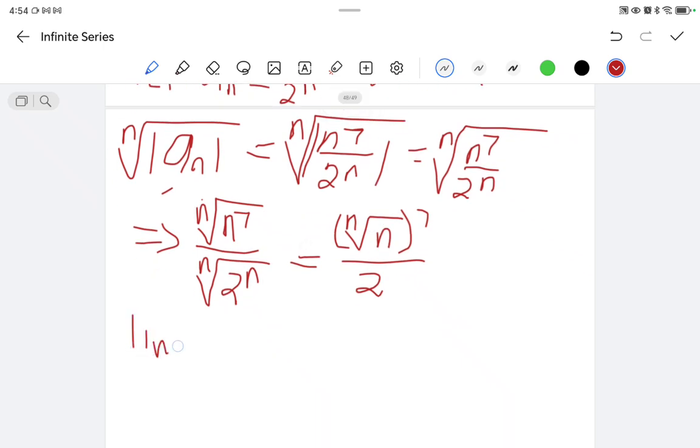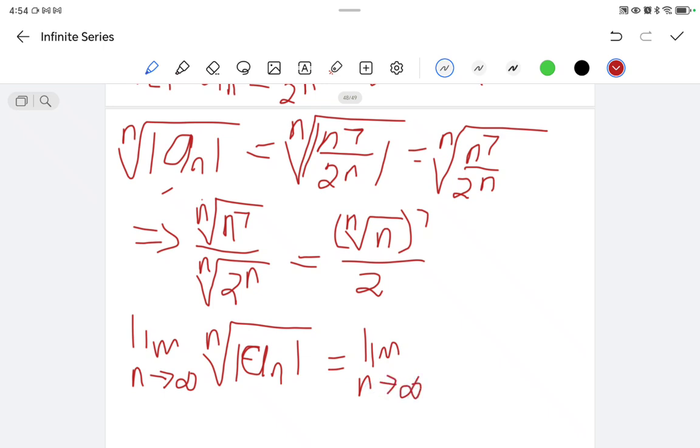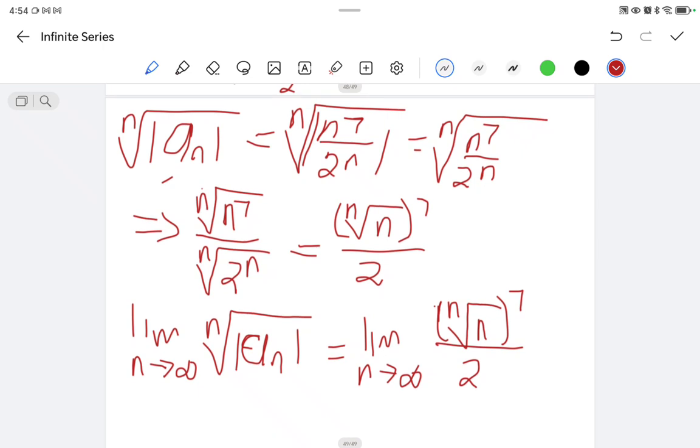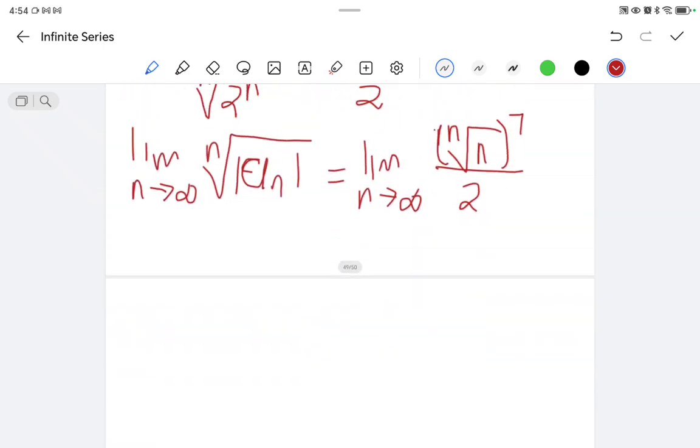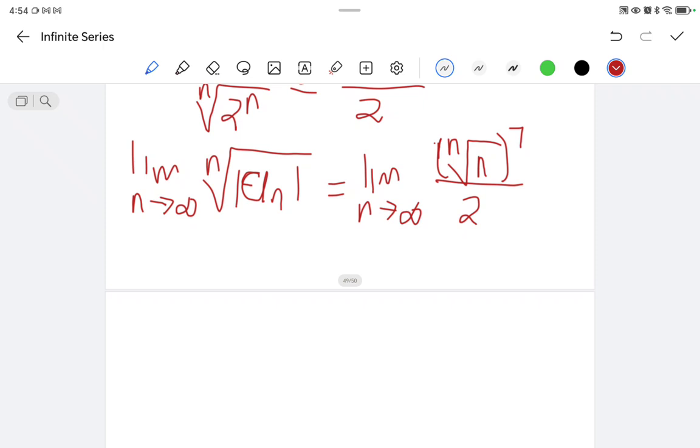So I apply the limit as n approaches infinity of this. What is the limit of the one on the numerator? Let's check what is the limit for that.